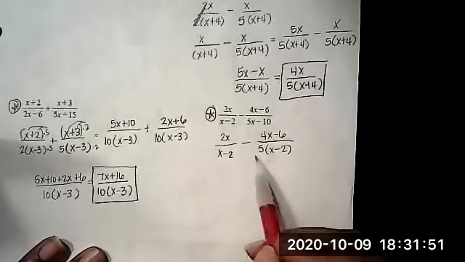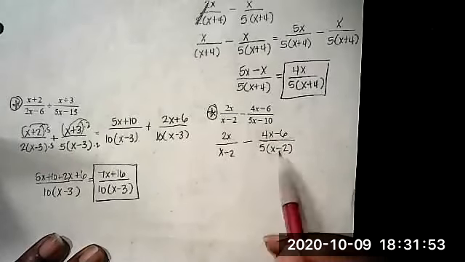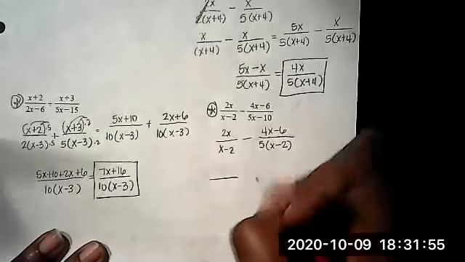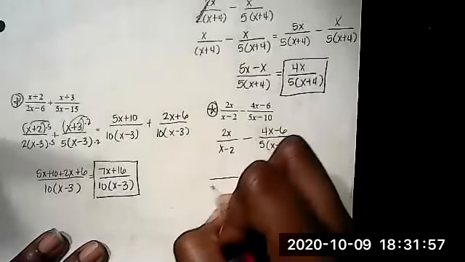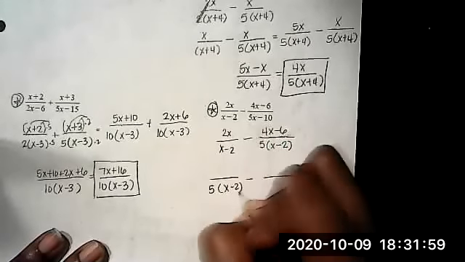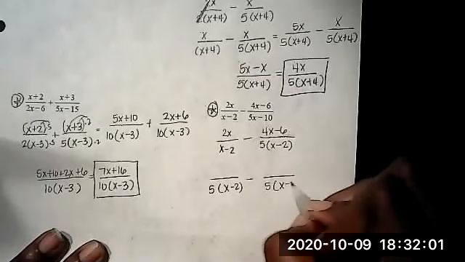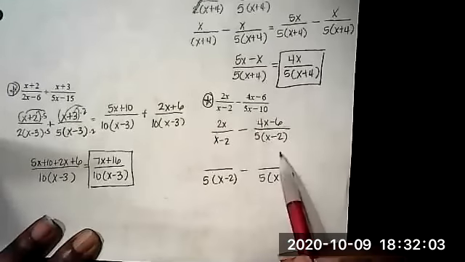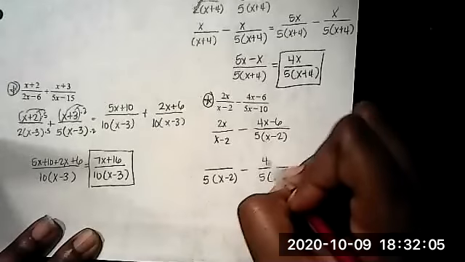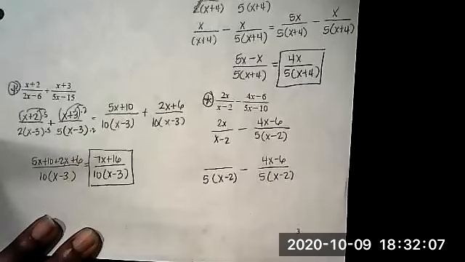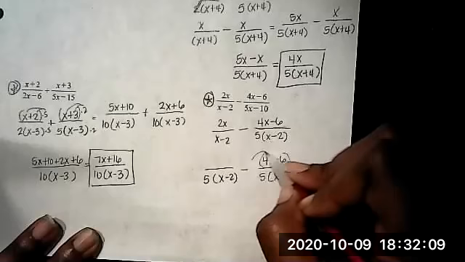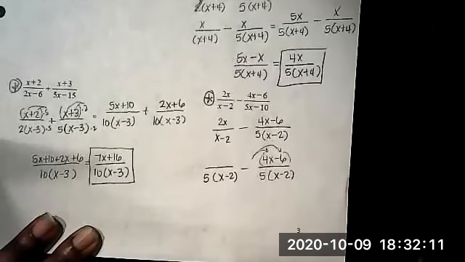All right, so here, of course, we're adding the 5. So in our LCD, the 5 is there with the x minus 2, 5, x minus 2. So nothing was added. So this right here will kind of stay the same. But please don't forget that this is a minus, so this has to be distributed in, okay?